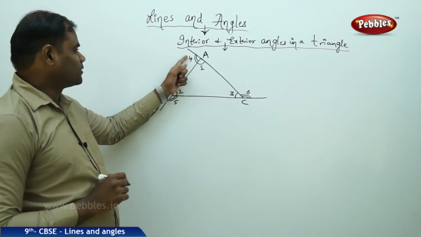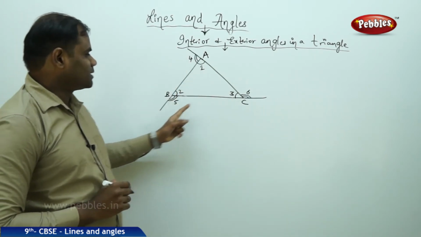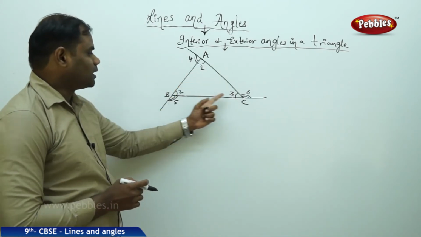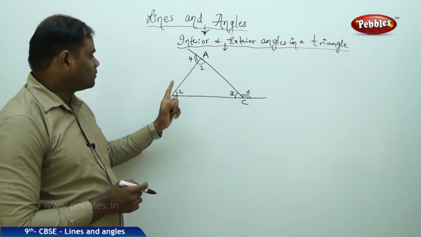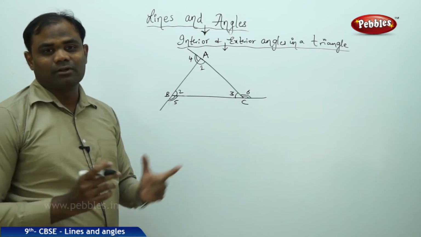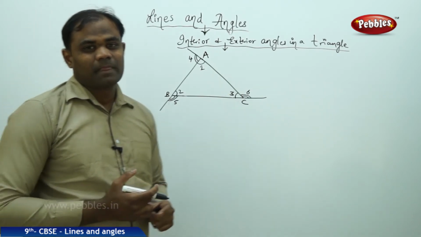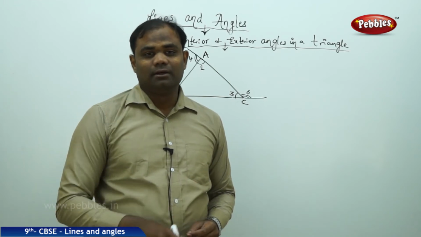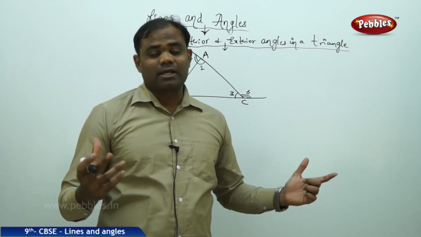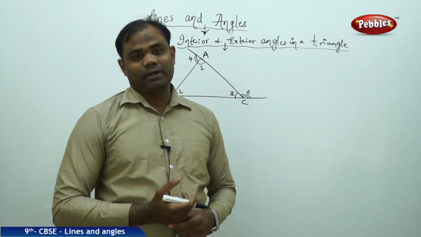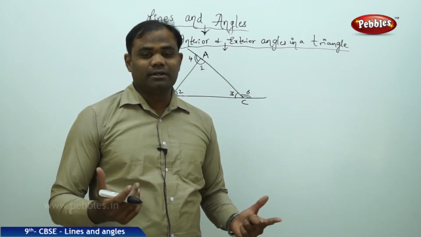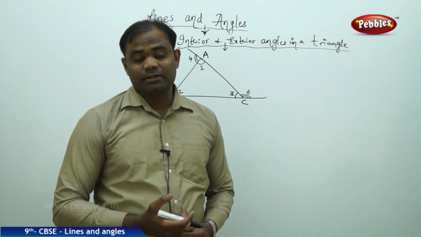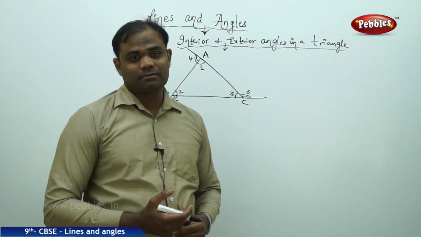Because they are outside the triangle, angles 4, 5, 6 are said to be exterior, and 1, 2, 3 are inside the triangle. So angle 1, angle 2 and angle 3 are called interior angles. So interior angles are those angles which are inside the triangle, and exterior angles are those angles which are outside the triangle. Is how we understand the triangle concept related to angles, interior and exterior angles.